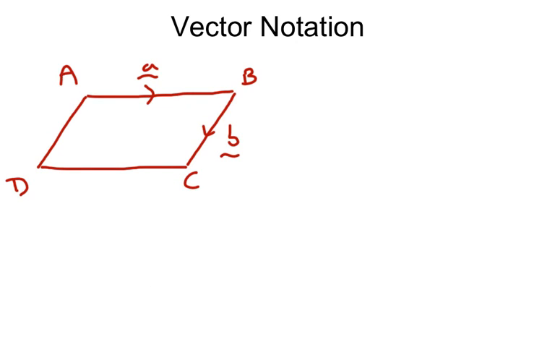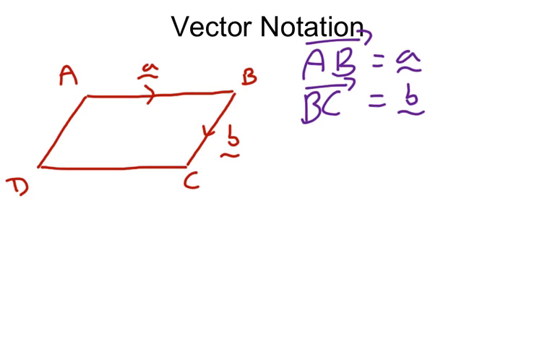So let's have a look at a question and how we might use this notation. Here we have a parallelogram, ABCD, and we are given that AB is equal to a, and BC is equal to b. Now we might be asked to find various other things in terms of a and b.